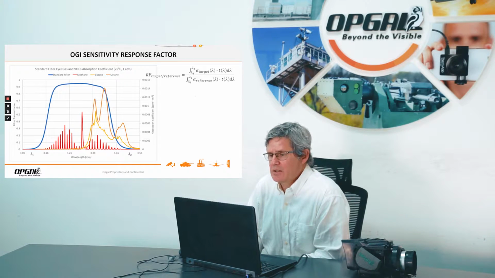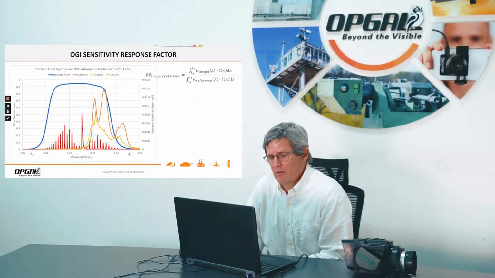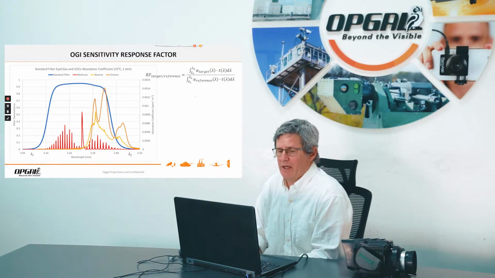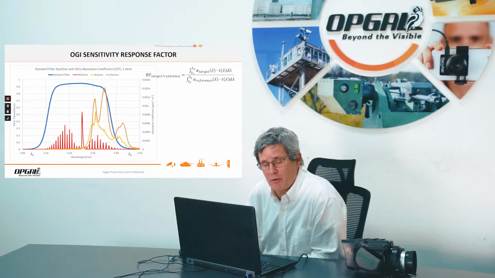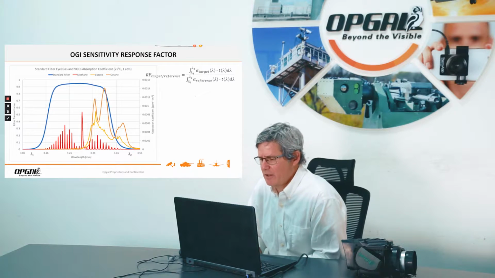So the quality of the image is not so important. It's more important how the bandpass filter that we install for the target gas is optimized around the absorption coefficient curve of the gas in order to maximize the sensitivity.